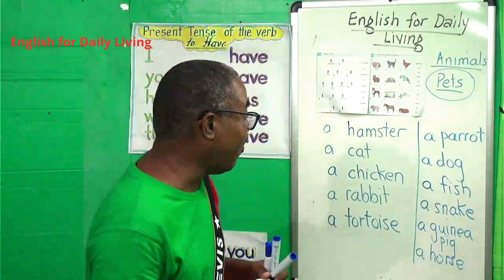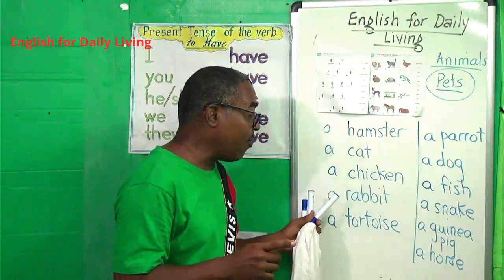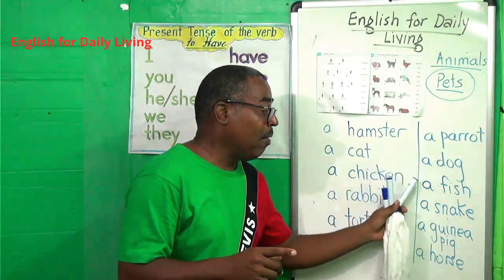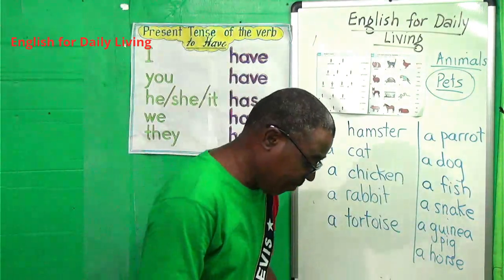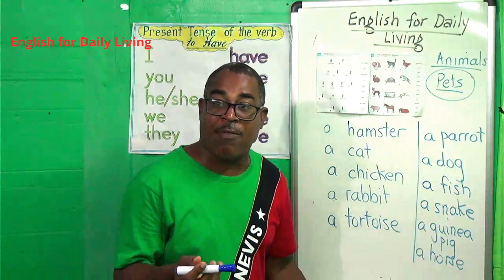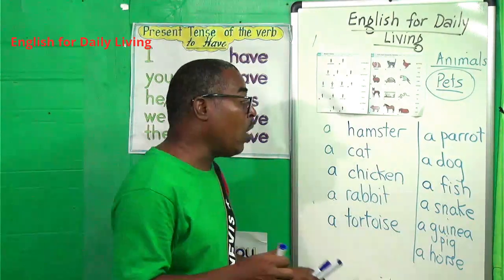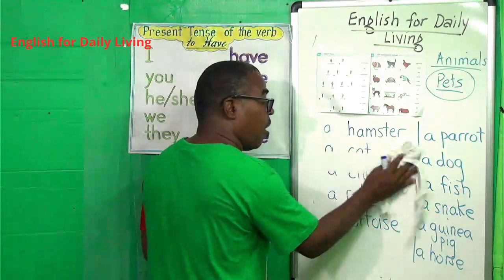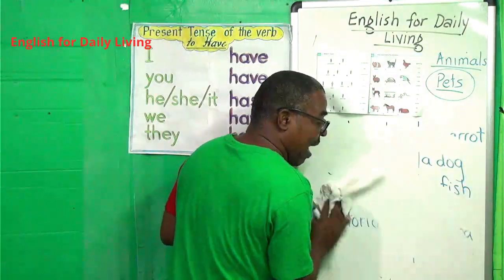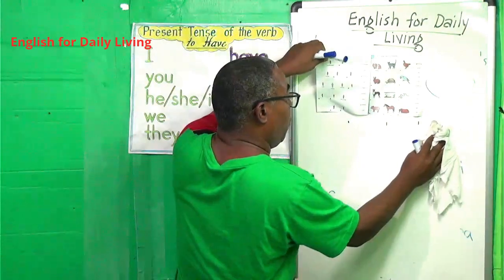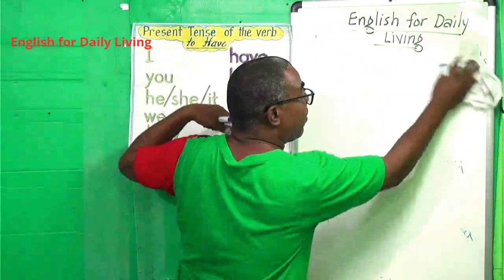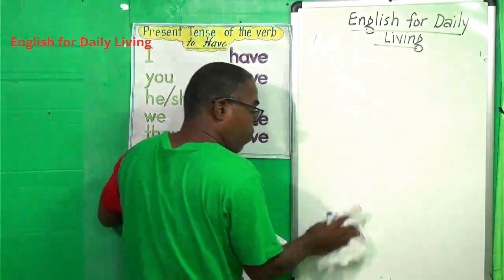Do you have a dog? What pets, what animals do you have? If we want to form a question with the verb to have, we use this structure: do you have? I have and you have.